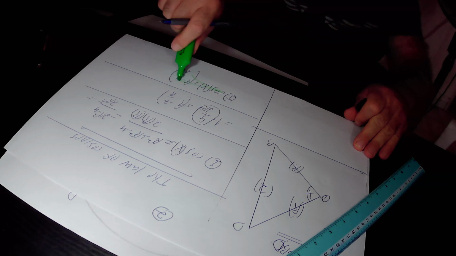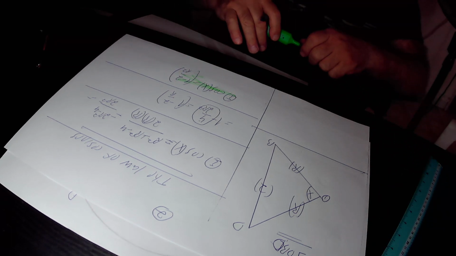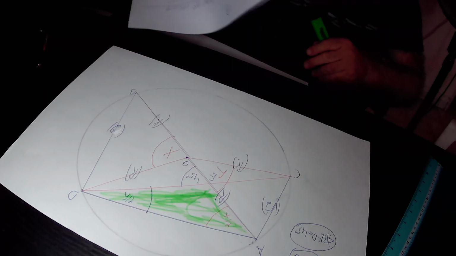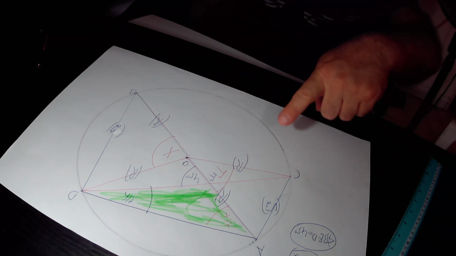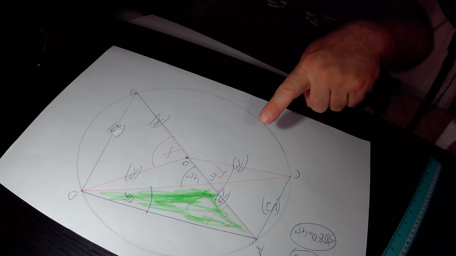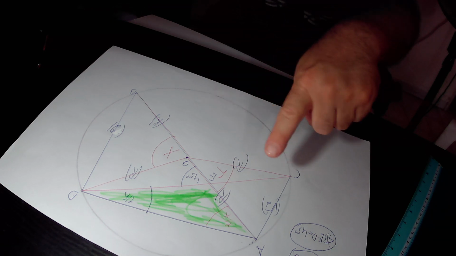Okay, so in the next step, I copy this triangle COA in the new page, and we will implement the law of cosines in this triangle COA.